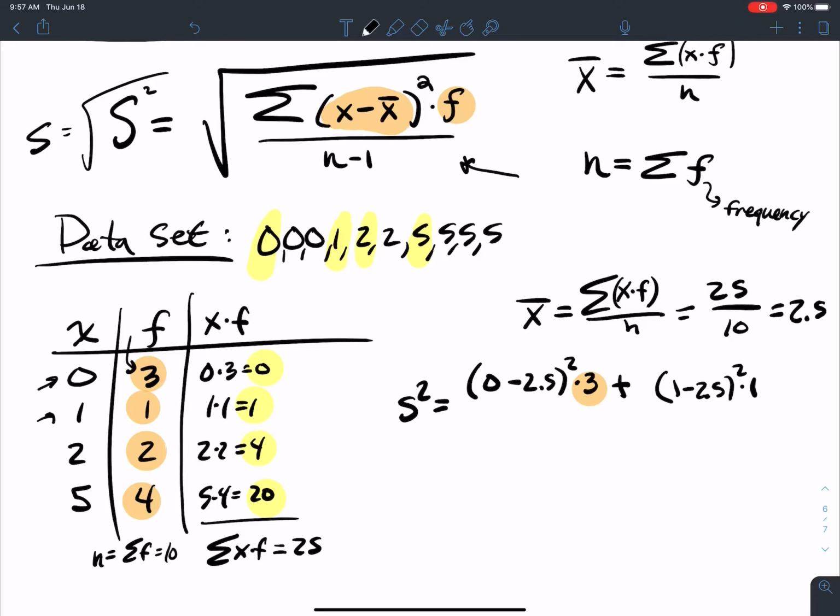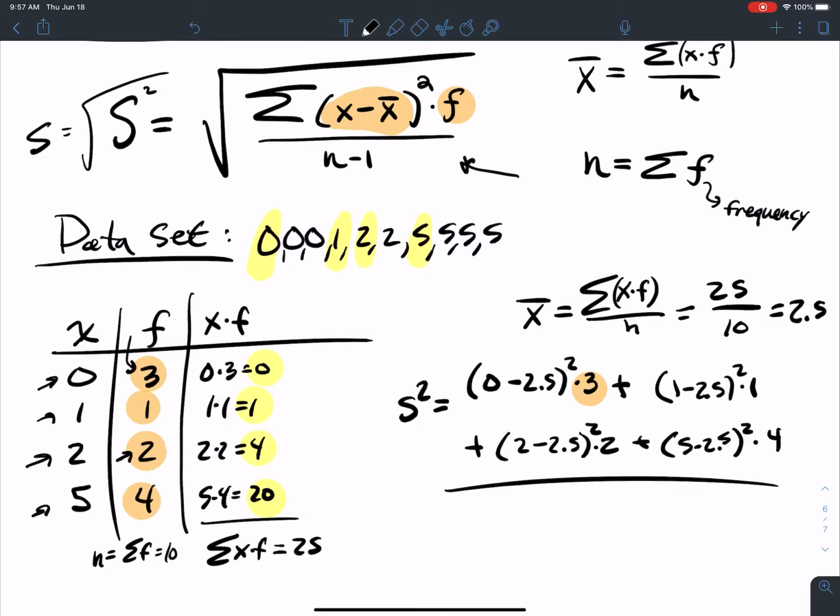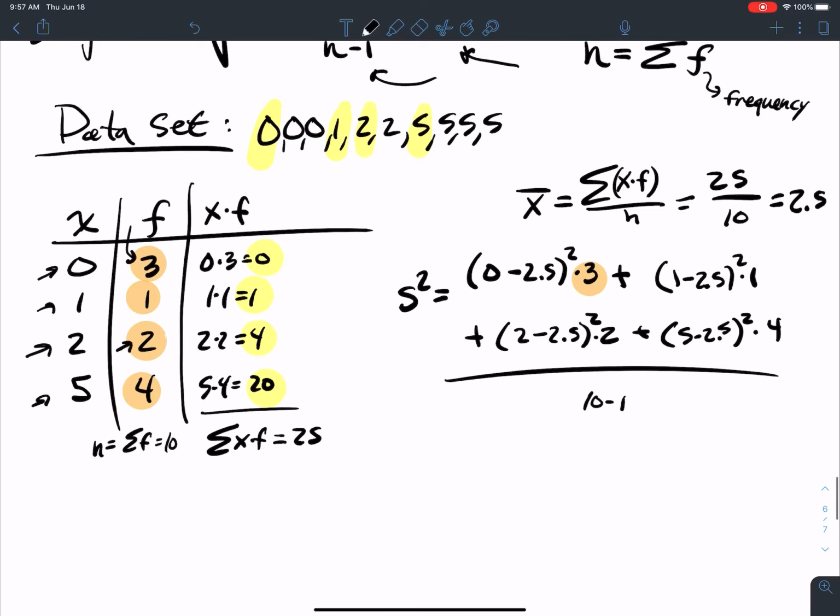There's just 1. Then the next one is 2 minus 2.5 squared, and there's 2 of those. And then the last one is 5 minus 2.5 squared times 4, since there are 4 of them. I divide that by the total n minus 1, which is 10 minus 1. And if I type that in my calculator, I should get 5.16 repeating.